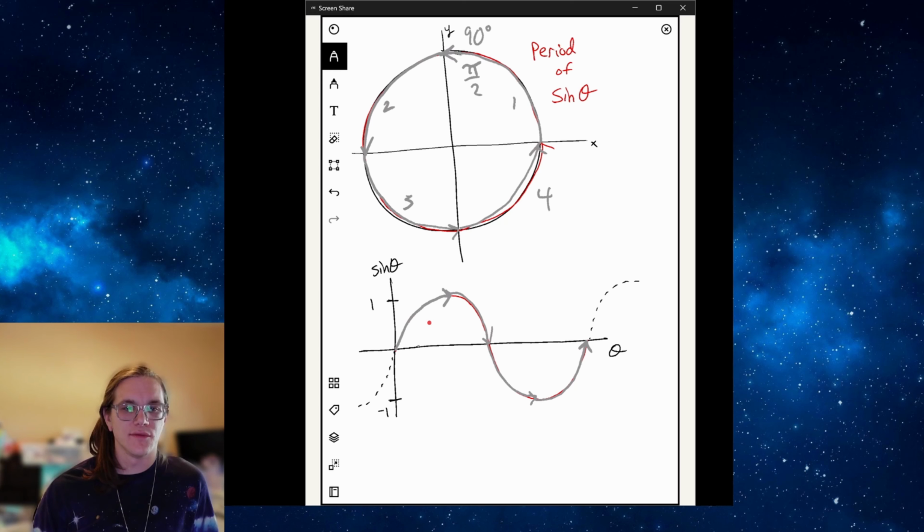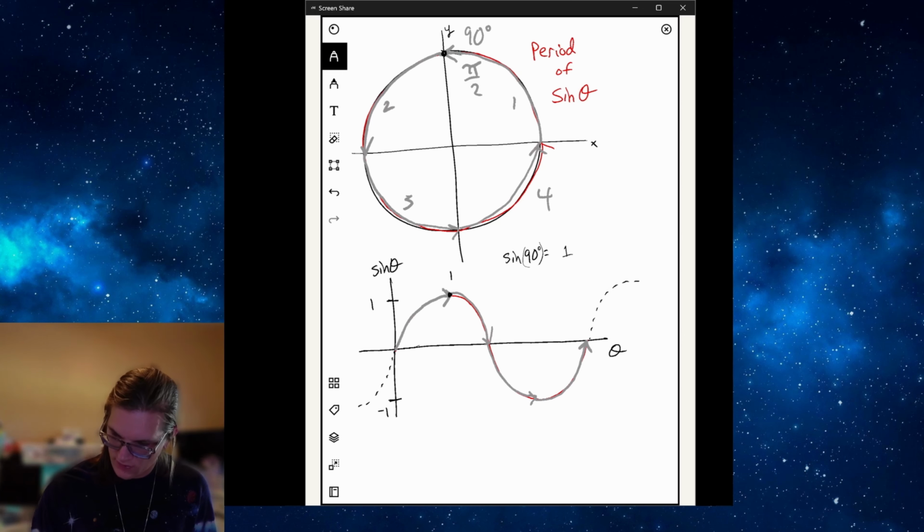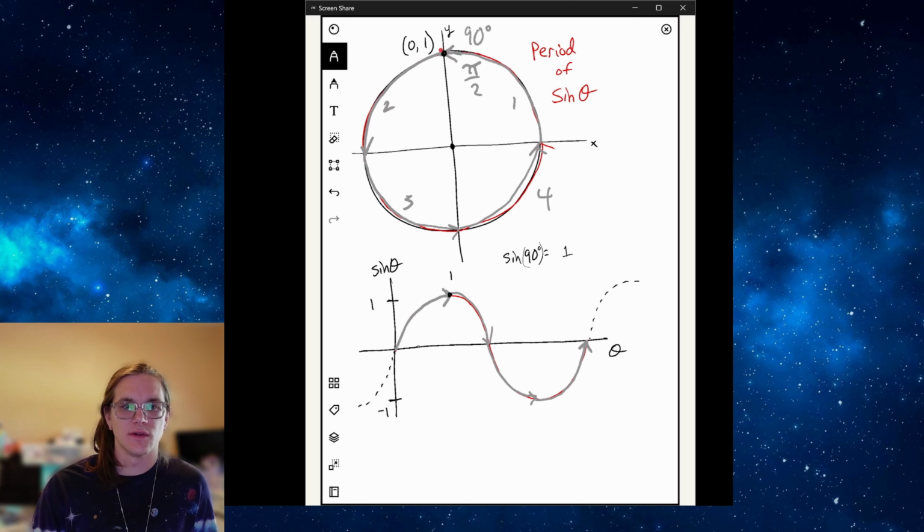Well, you have sine equaling 1 here, which we can verify, because sine of 90 degrees is 1. The coordinates here are 0, 1. You've traveled 0 distance from the origin, and on the unit circle the length of this radius is 1.